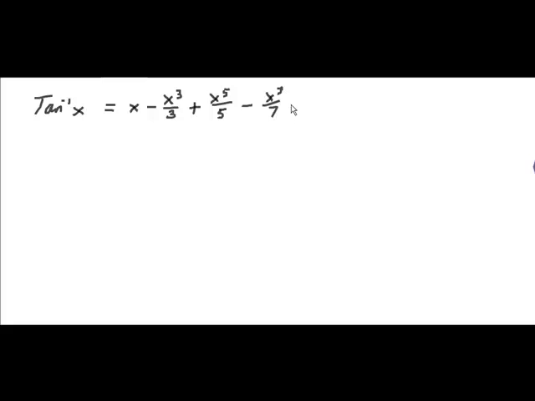Don't forget it goes up in odd numbers, plus x to the power of 9 over 9, and so on. It goes on forever. Obviously the more terms you add on, the more accurate the answer gets. And we're going to see that this leads to some interesting results.